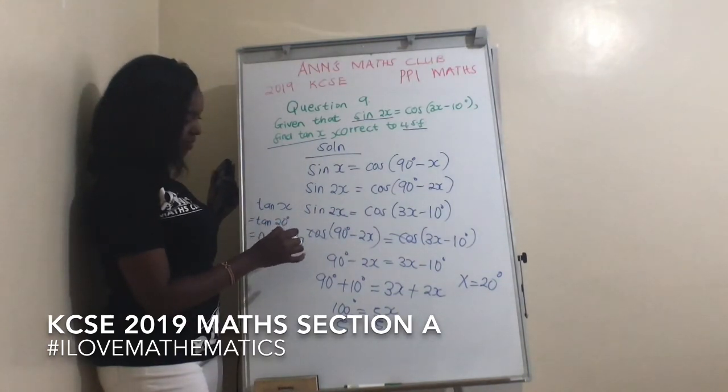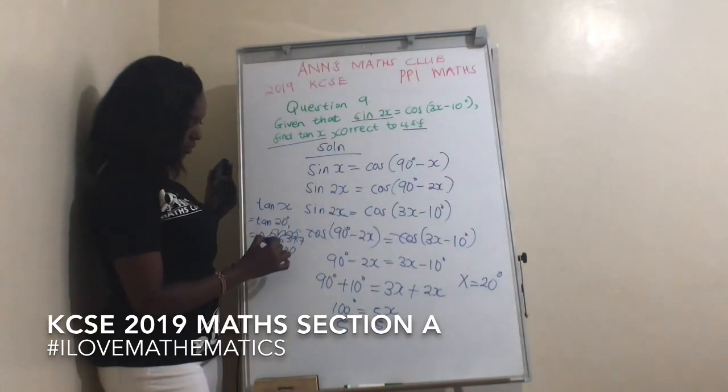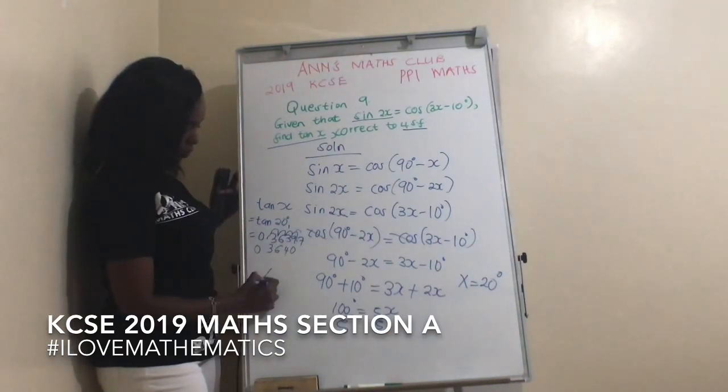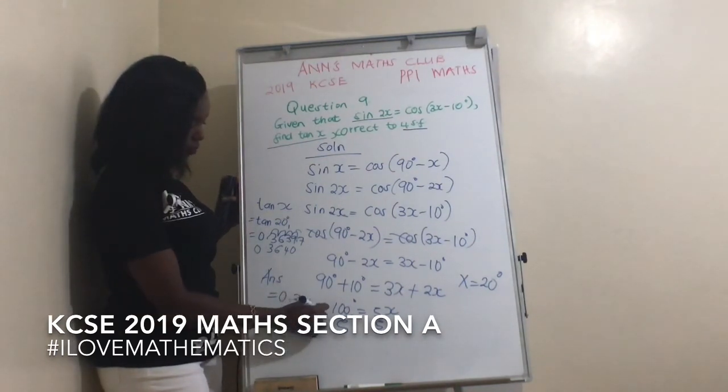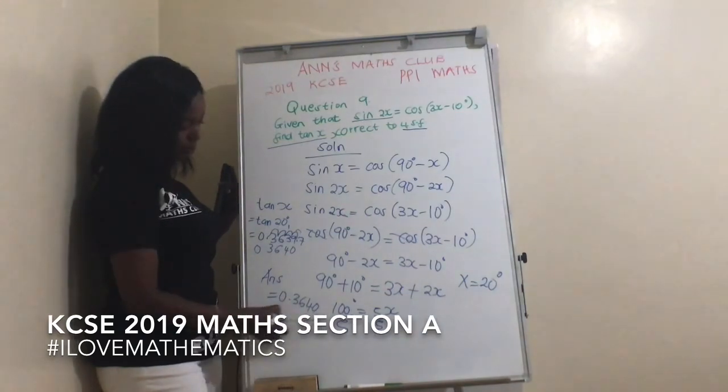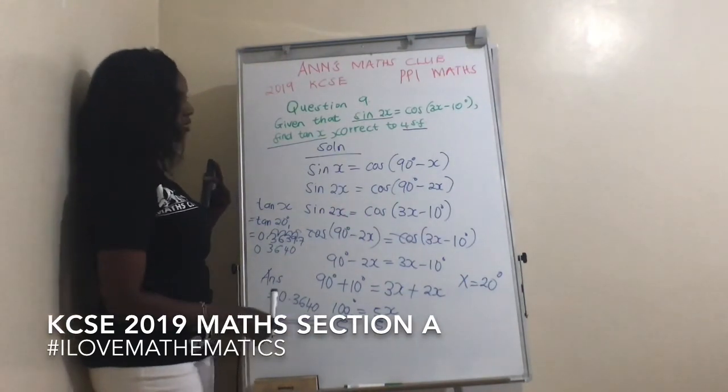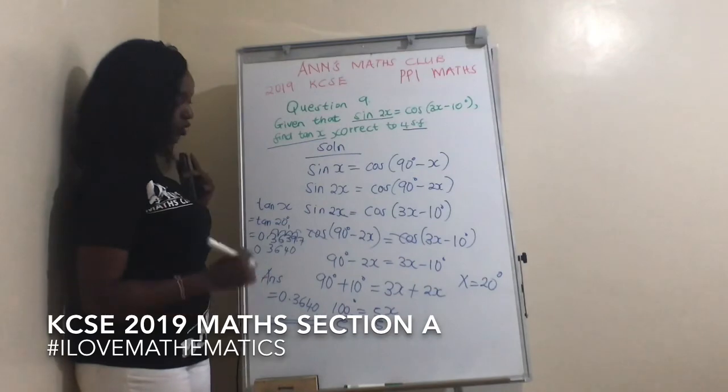And remember, since 7 is above 5, you carry 1 to this side. So when you add 1, it becomes 3640. So your answer in 4 significant figures becomes 0.3640. So this is how we're expected to do question 9.